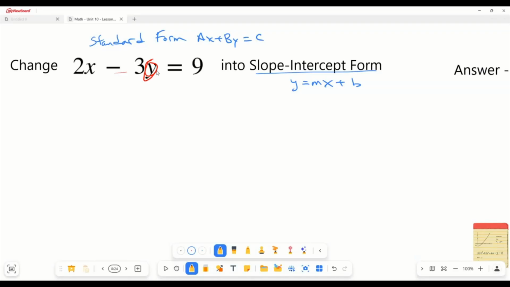This is all I want over here on the left. So 2x minus 3y equals 9.